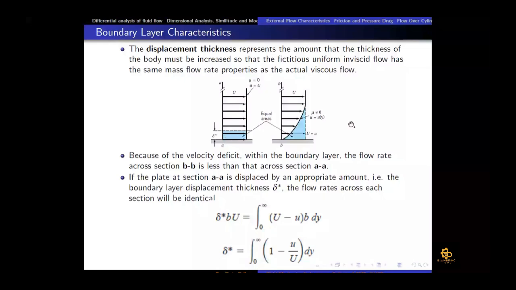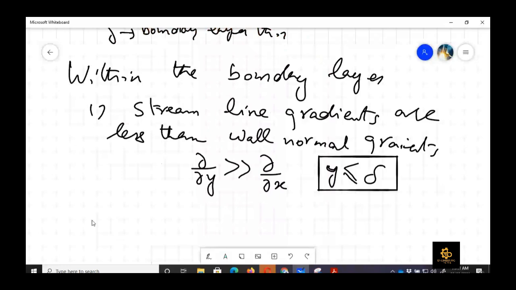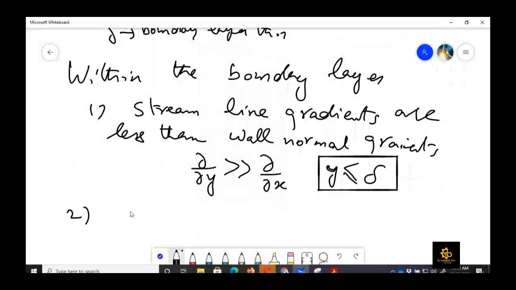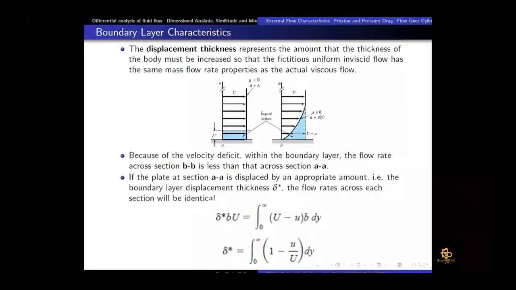So we can write that within the boundary layer, u velocity is far greater than v velocity. V velocity is in the y direction, u velocity is in the x direction. So these are the two conditions which we can apply to the Navier-Stokes equation to simplify the equation in the boundary layer region.